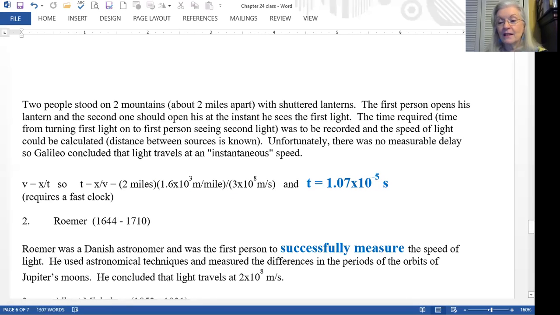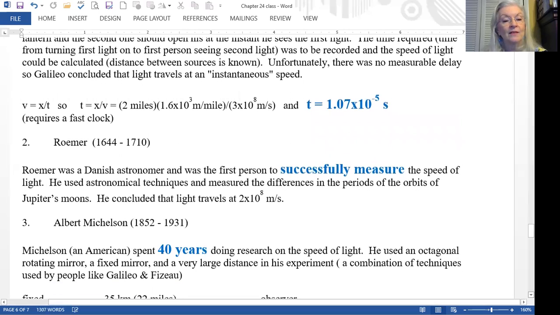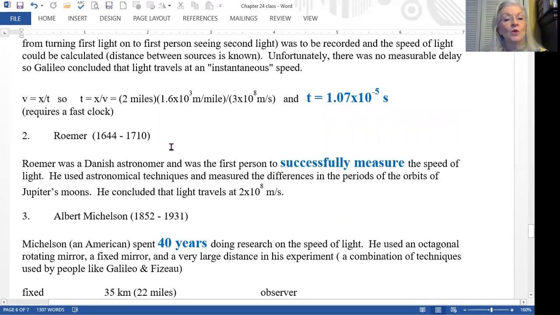Since Galileo's time, there have been numerous people, and I will not mention them all. I've just picked 3 to discuss. One was Romer, a Danish astronomer. You can see he lived right after Galileo. He was the first person to successfully measure the speed of light. He used astronomical techniques, looking at the differences in the periods of the orbits of Jupiter's moons.